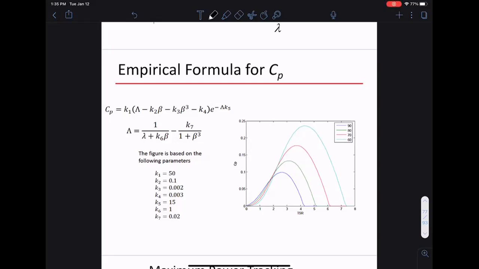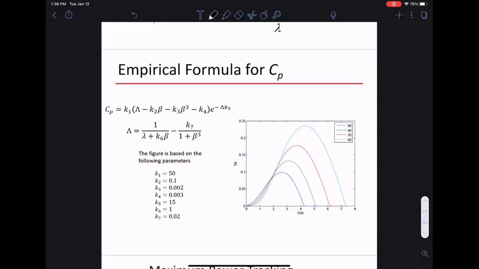But doing it that way and fitting this empirical formula are equally good. So this is just for you to know: if the homework or the exam, since it's open book, says use a formula to find CP, it refers to this formula with all the specific coefficients.